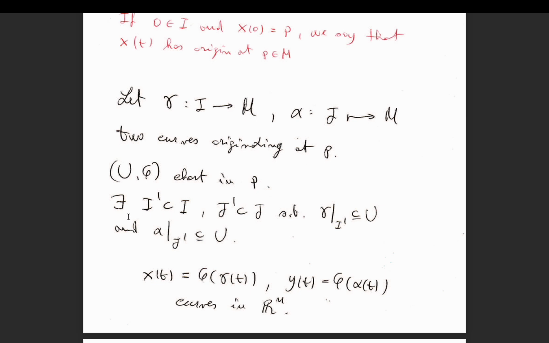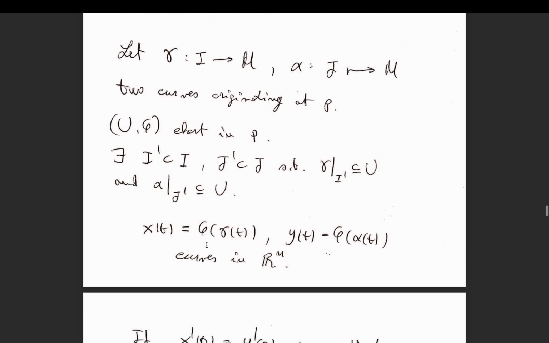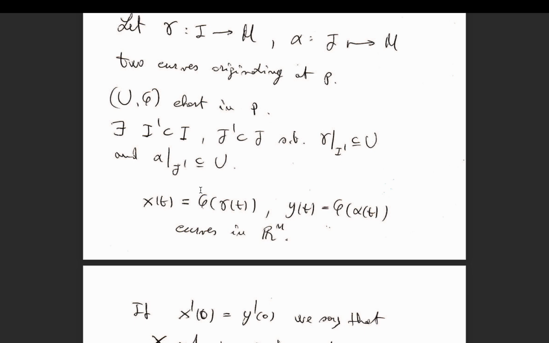Then there must exist two subsets I prime and J prime of I and J respectively, such that the restriction of gamma to I prime is contained entirely in U, and the restriction of alpha to J prime is entirely contained in U. Okay, so we have these two restrictions contained in U.